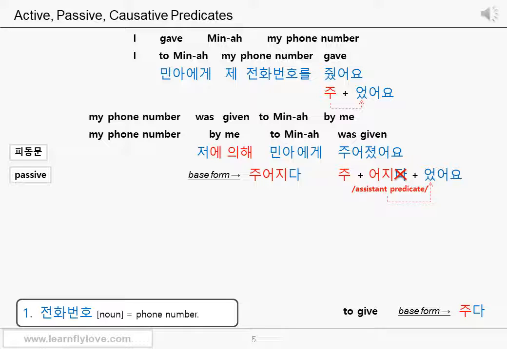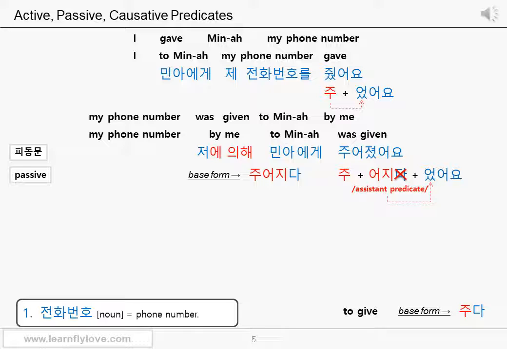So people normally use this 에 의해 for the direct translation of the English preposition by when it indicates something or someone who performs the action in the passive sentence. So amazingly, you can use this 에 의해 in substitution for the particle 에게 in the passive sentence in many cases.